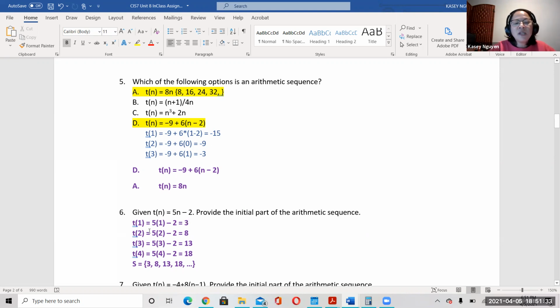T of 2 is 5 times 2 minus 2, which gives us 8. We simply plug the n value into this. T of 3 is 5 times 3 minus 2, which gives us 13. And T of 4 is 5 times 4 minus 2, which gives us 18. So we have 3, 8, 13, 18, and we can put dot, dot, dot. So we have a partial sequence there.